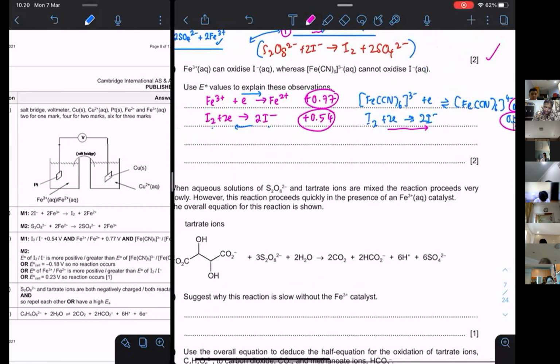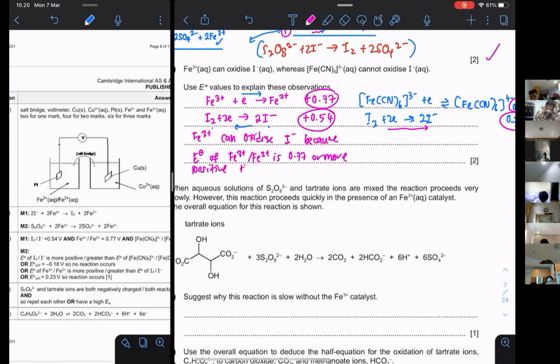Then you say, using this, Fe3+ can oxidize I- because the standard reduction value of Fe3+/Fe2+ is 0.77, which is more positive than the E value of I2/I-, which is 0.54.